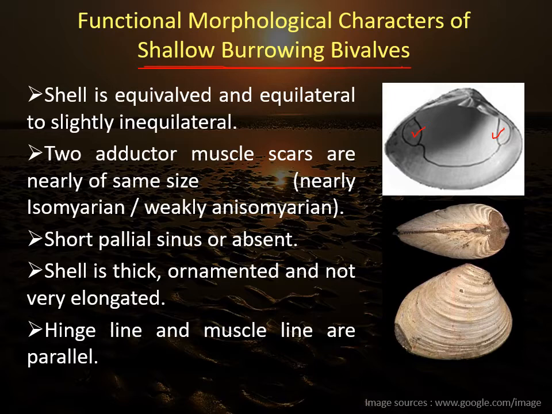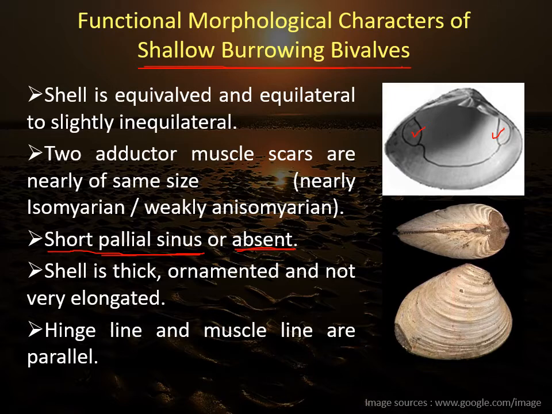As the bivalve is a shallow burrower, to maintain contact with the external water body, to get food and to remove excreta into the water environment, it requires a short siphon. Thereby the indicator of a soft siphon in the shell is in the form of a short pallial sinus, or sometimes even the pallial sinus is almost absent. Now when the pallial sinus is present and when absent, I'll come to later.